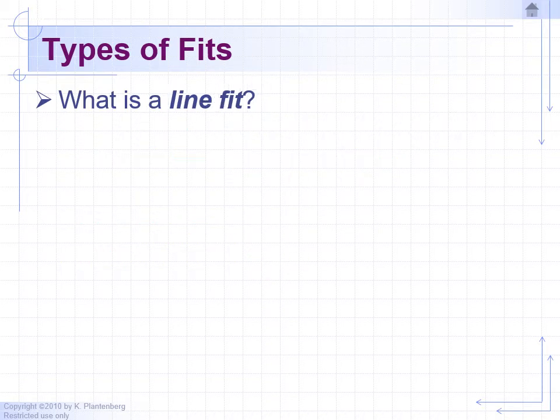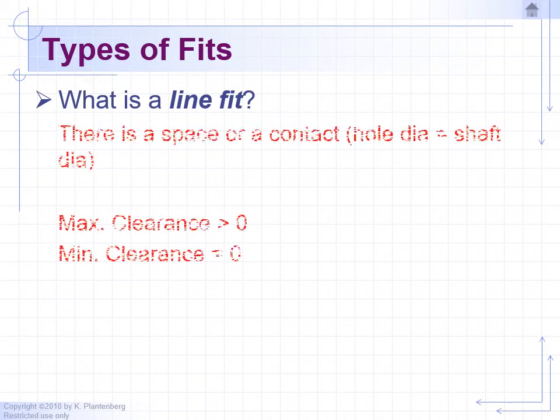Next slide. Line fit is also referred to as an inline fit. In other words, there's either going to be a space or a perfect contact, meaning the hole and shaft diameter are equal. Think of it as a hand to a glove, the perfect glove for your hand.